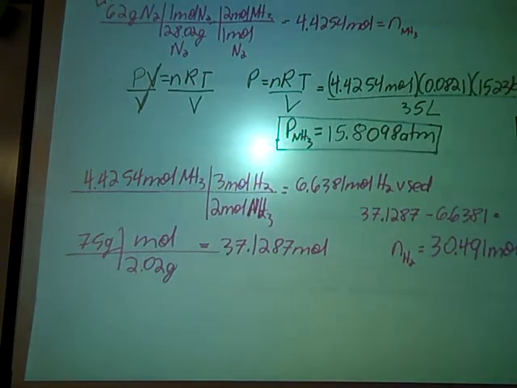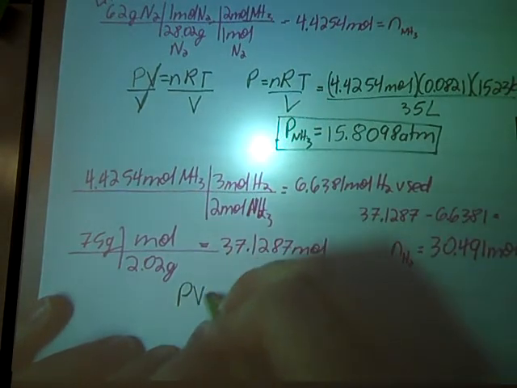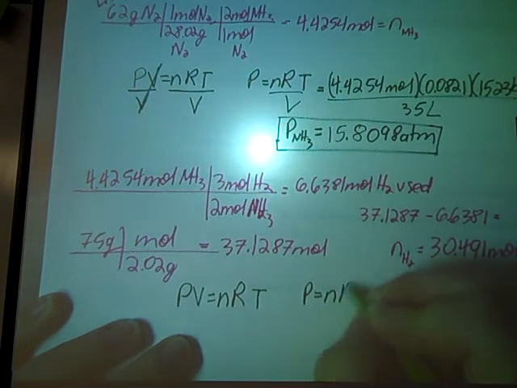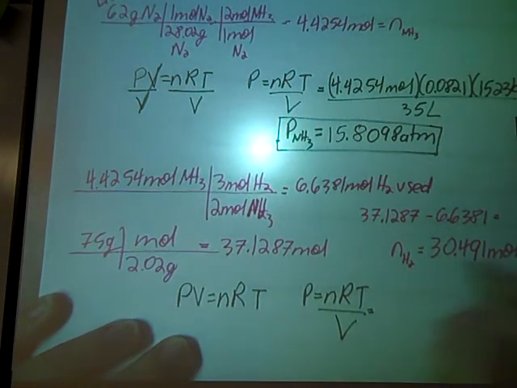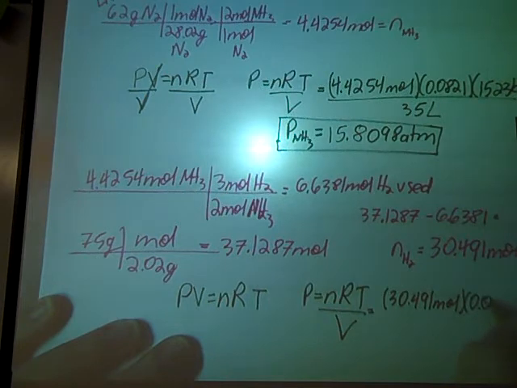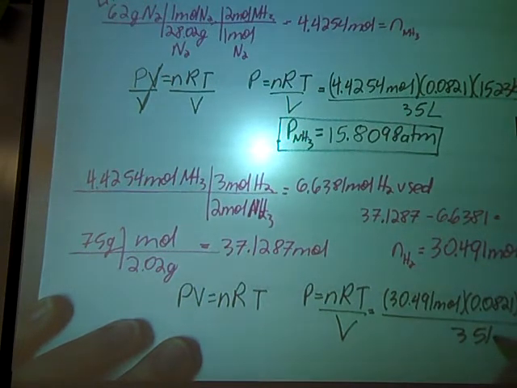Temperature and volume have remained the same. So same deal, except now we're going to use this N. R is still R. Temperature is still the same. Volume still the same.